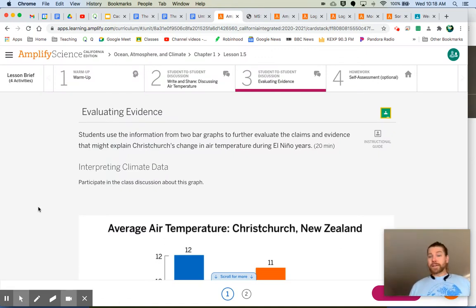We are now on tab number 3. We're moving and grooving. Now, the last tab number 2, I hope that you said something along the lines of location A is warmer than location B because it is closer to the equator. Places that are closer to the equator receive more energy from the sun and therefore have higher temperatures.